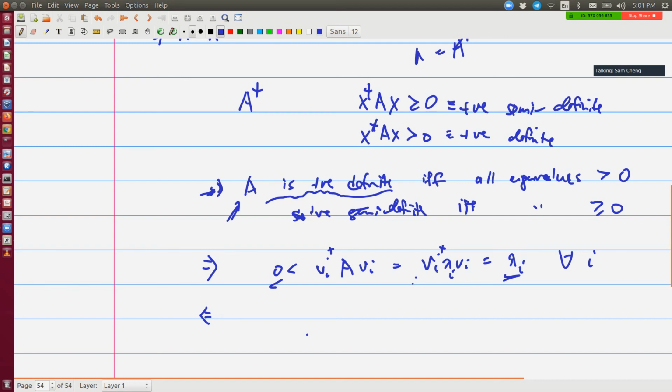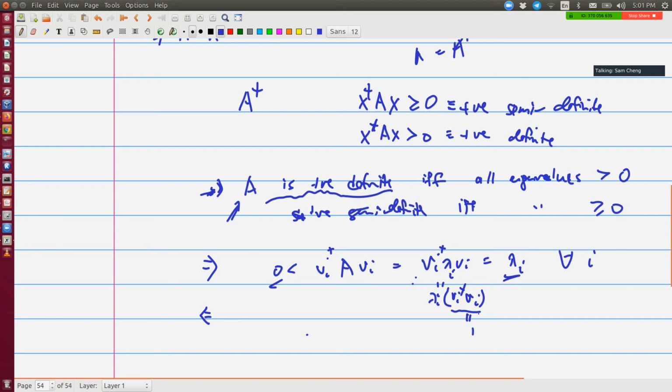Because I pull lambda i out, and since vi is normalized, it equals lambda i times vi Hermitian vi, which is just equal to 1. We assume everything is normalized here.